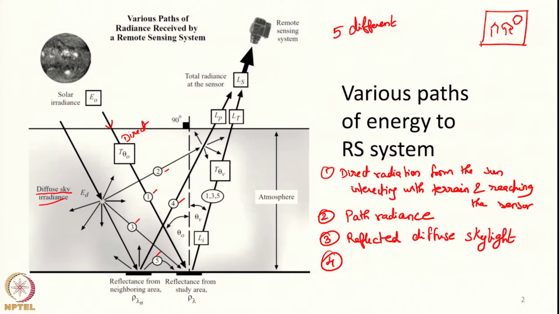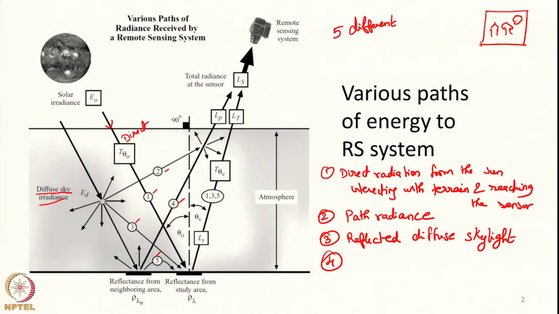So, we are going to get signals about all these features together. If you are interested in collecting data about this particular building, we may also collect data about the tree, we may also collect data about the pond, everything will interact because solar radiation will fall on it, everything will send energy back to the sensor. Same thing is depicted here as path 4.